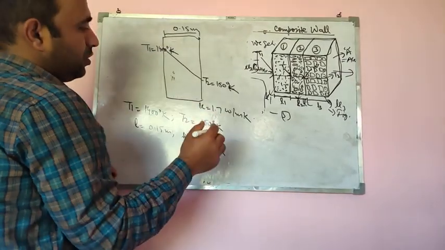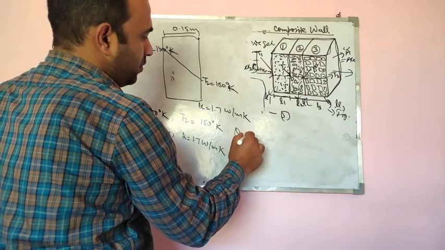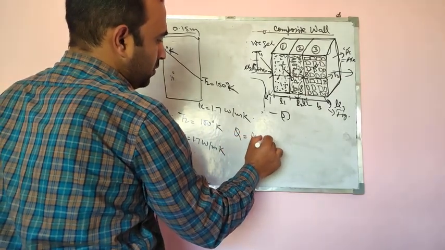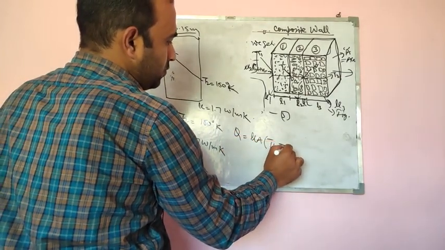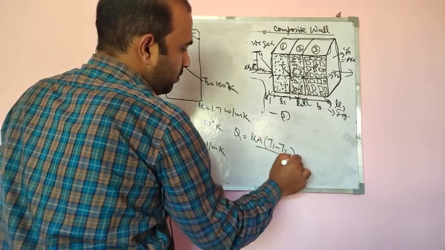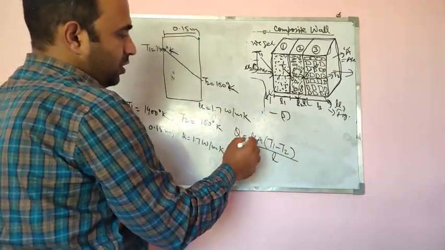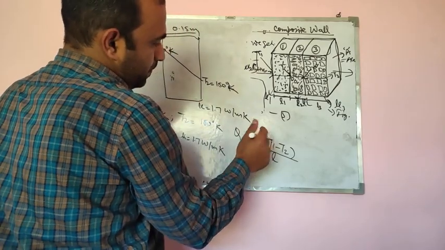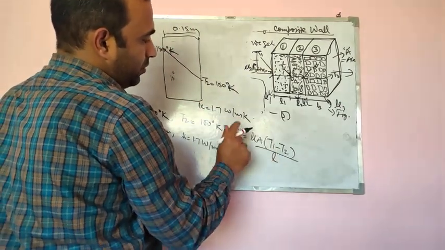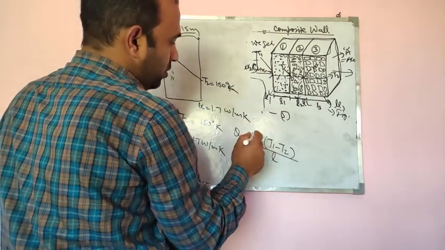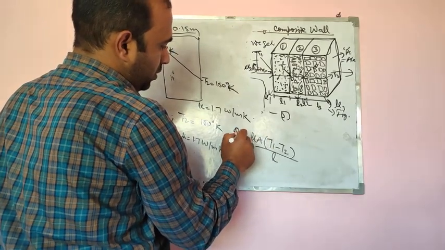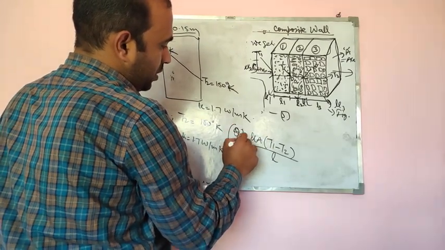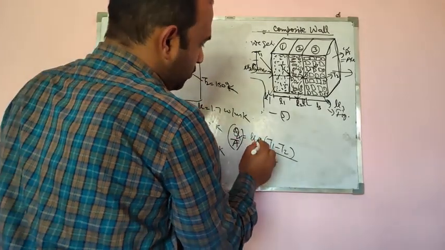So what we can do here is use Fourier's law of heat conduction, that's K A times T1 minus T2 divided by L. Since A is not given, we will take it per meter square. So we will take Q by A, the rate of heat transfer per meter square.